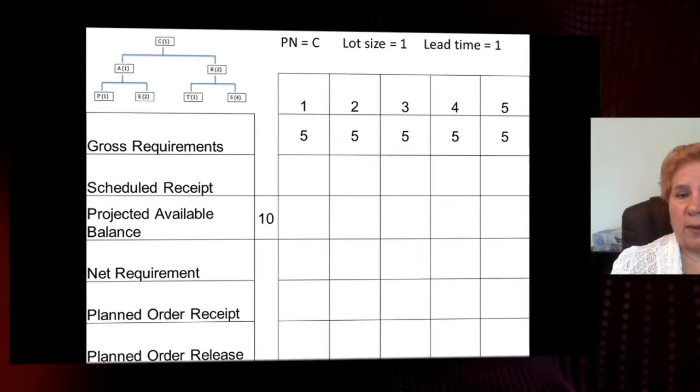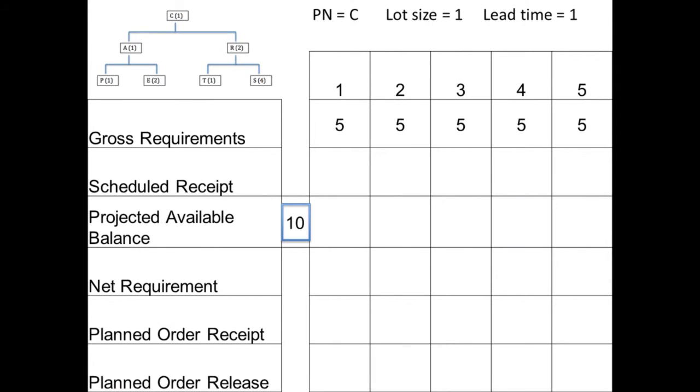The PAB of 10 in this very first time bucket is the same as our on-hand inventory. The way that MRP is calculated, it takes that PAB of the previous period of 10 minus the gross requirements of the current period of 5, and you have a PAB of 5 in period 1.